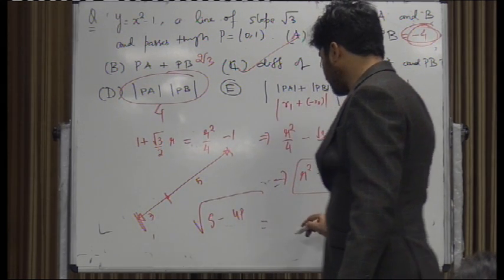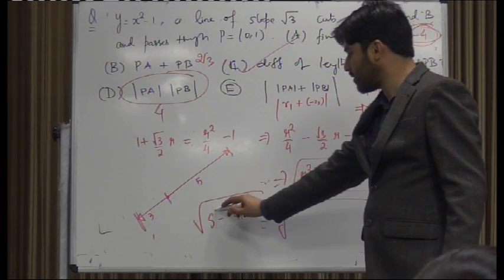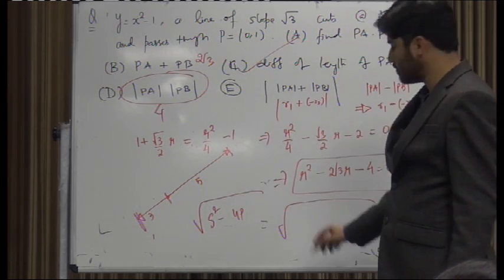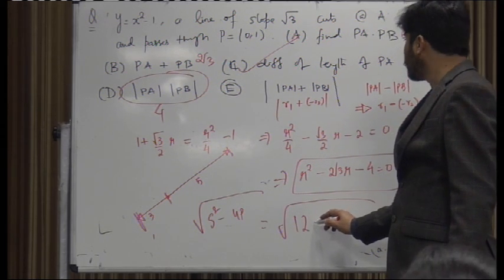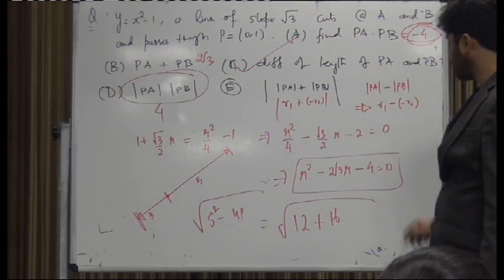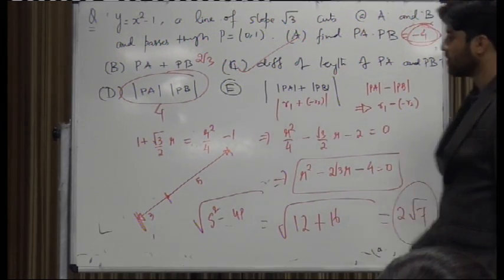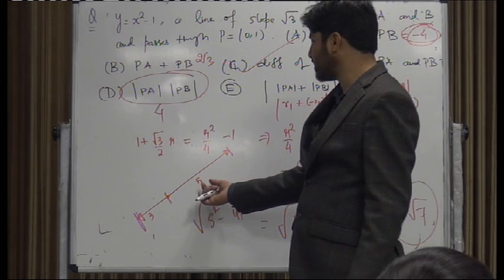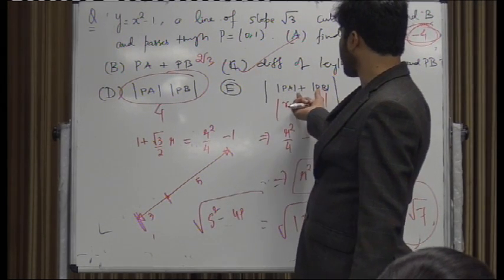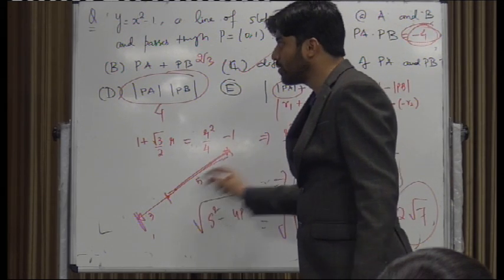What is sum? 2 root 3 का स्क्वायर क्या होता है? Sum square में 12 minus 4 into minus 4. देखो, he is interested in this length plus this length.